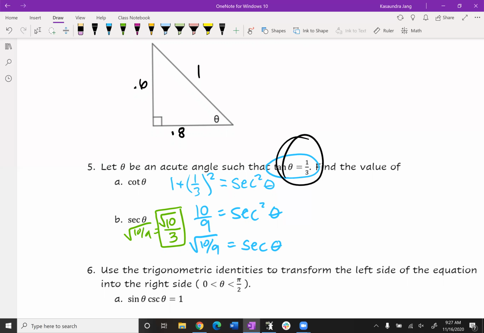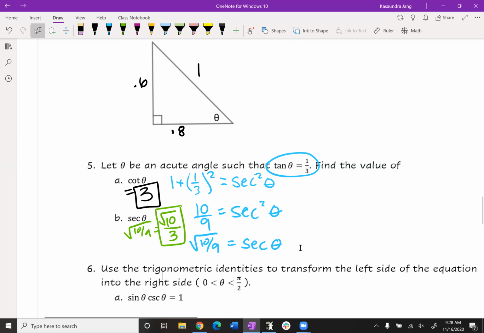Nice. So you didn't even put 3 over 1, just straight up 3. That's what I would do as well. Okay. This, though, the stuff I had in blue, that was your identity to go help you find secant. All right, do I have any questions here? Froze, you guys don't have any questions?